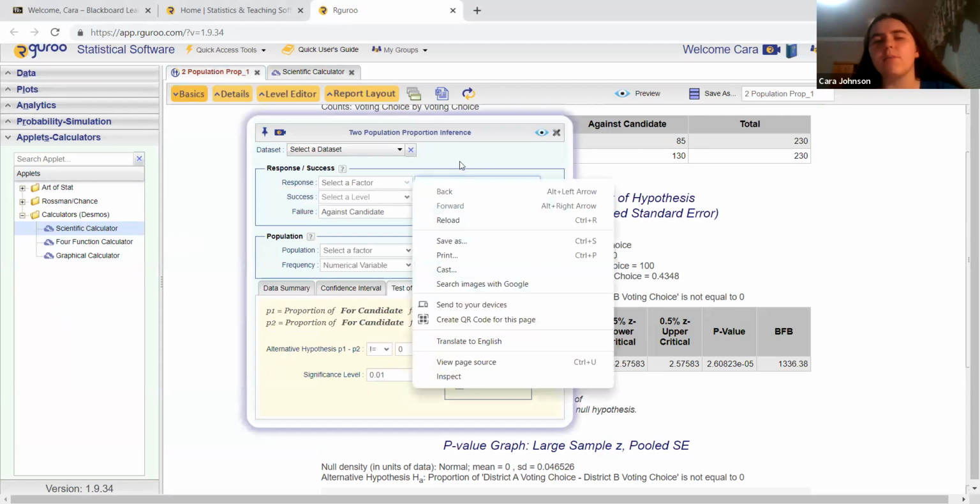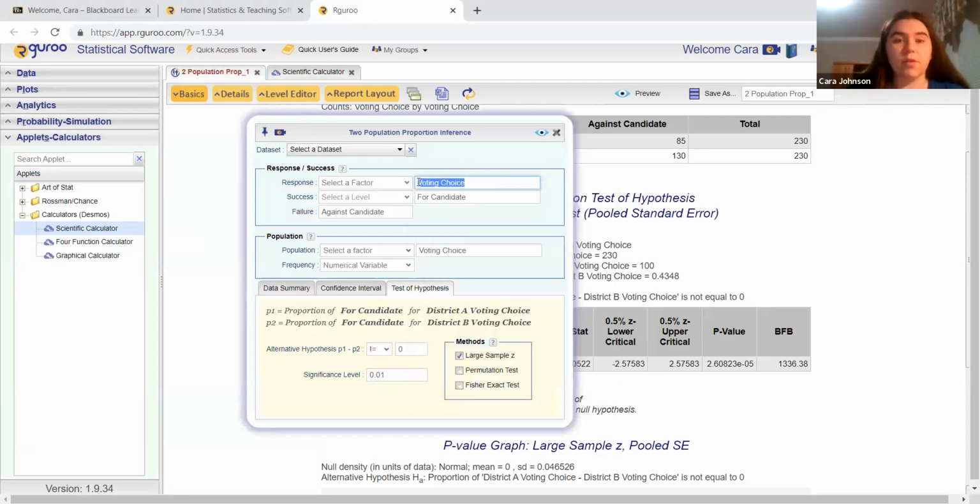So our general variable here is playing sports in high school. And then a success, we're considering that they played at least one sport. And a failure is no sports. And I'm going to put the same general variable here.